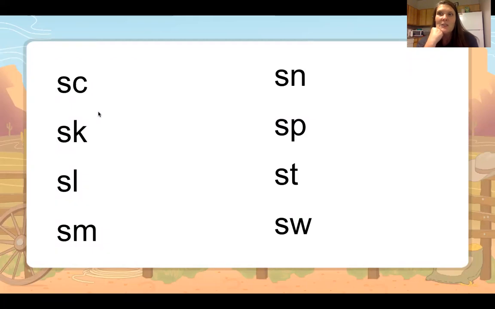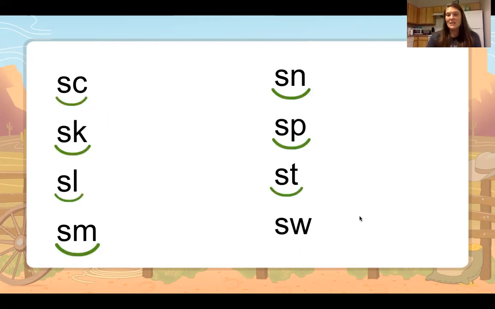Now, remember that C and K make the same sound. So, how am I going to know whether I'm going to use SC or SK? I want you to give that a little bit of thought, okay? We're going to look at some of our words. Who knows the answer? I bet some of you do. Okay, so we mark our S blends with an arc just like we do our other blends because they stay together as a unit.